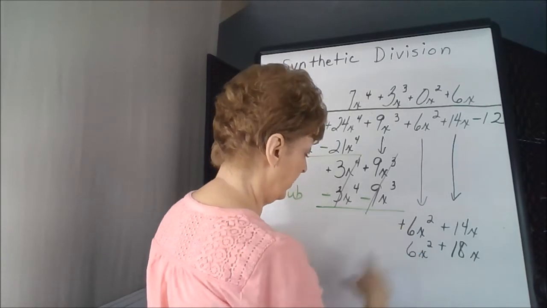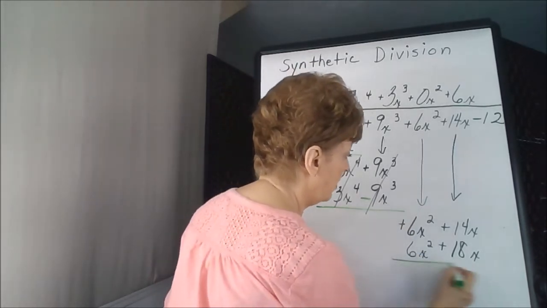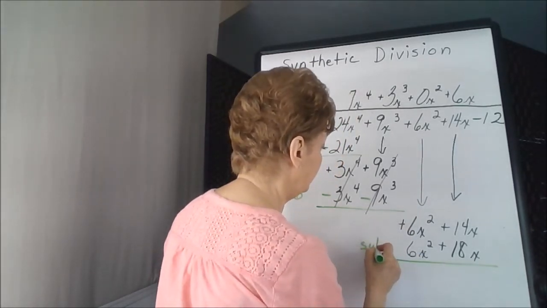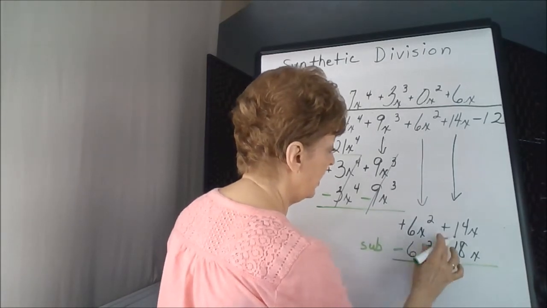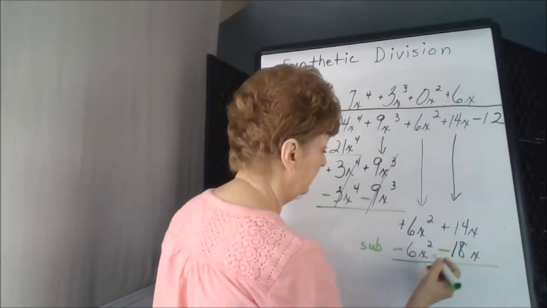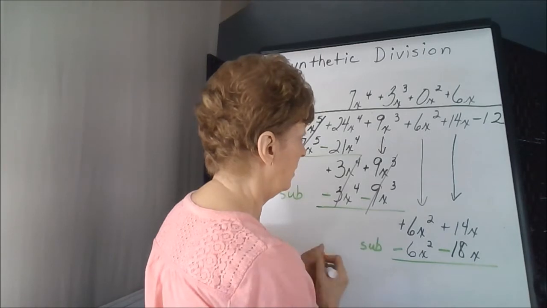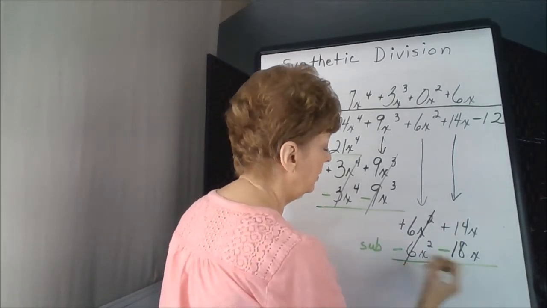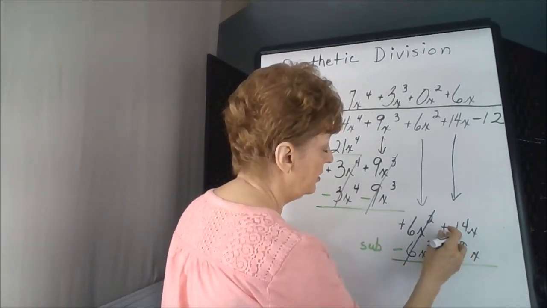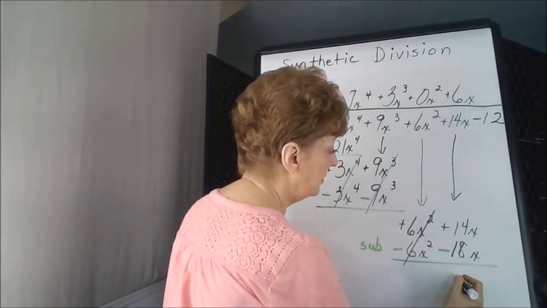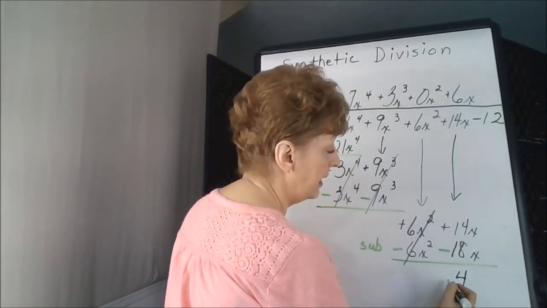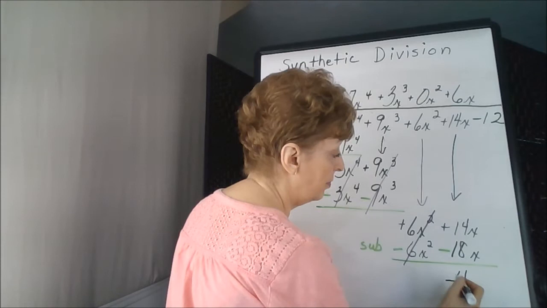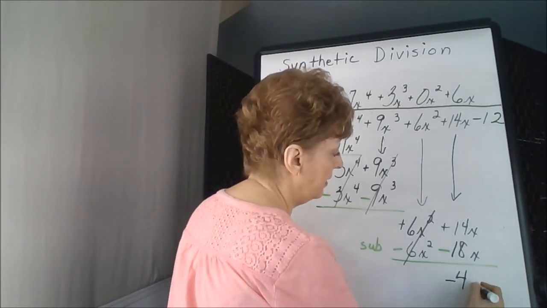That matches perfectly the first term, so we can do our subtraction. It changes the signs on both of them. This eliminates itself, and we have different signs, so we're going to subtract the numbers, take the sign of the larger numeral, and copy the sign.